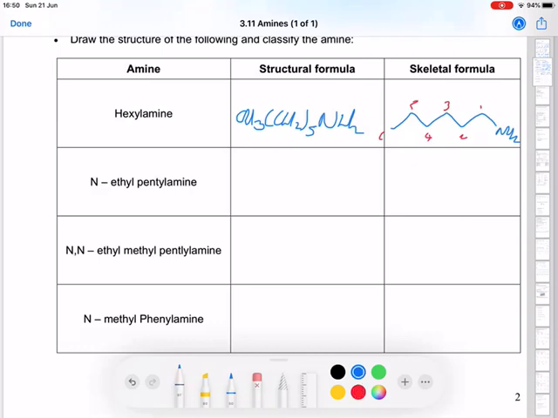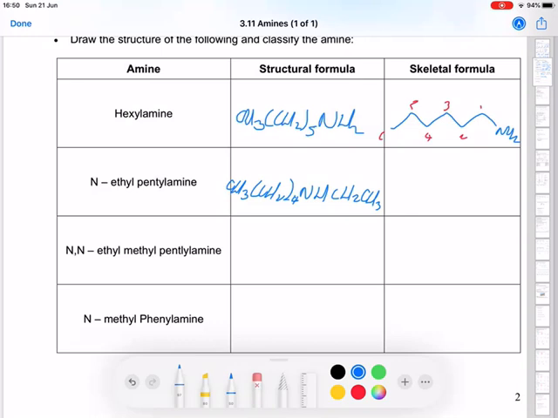Okay. The next one, N-ethyl pentylamine. So I'll start with the pentylamine. So CH3, CH2, 4 of those. So that makes 5. And then I'm going to have an NH, and then I'm going to have an ethyl, CH2, CH3.